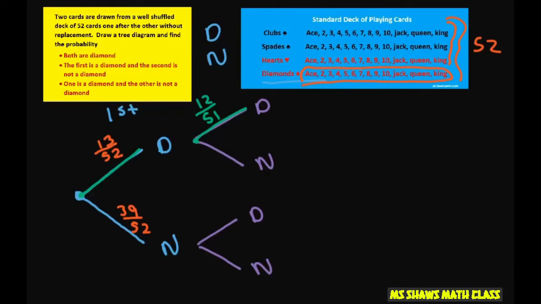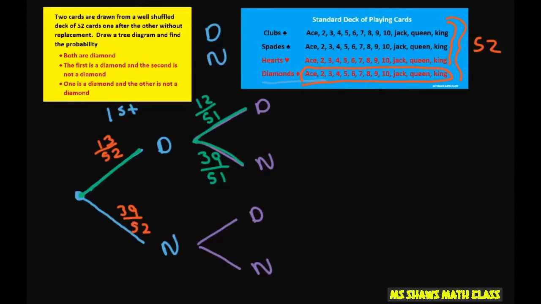If you draw a diamond, then not a diamond, you still only have 51 cards, but you still have 39 not diamonds because you didn't draw a not diamond the first time.